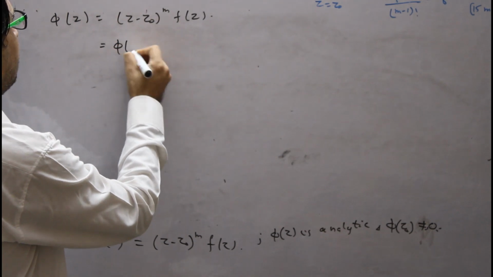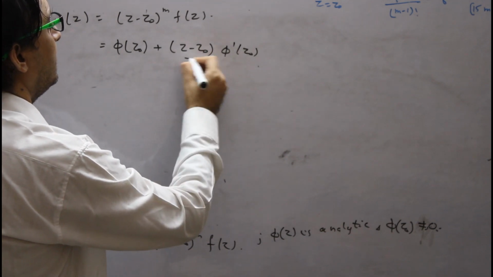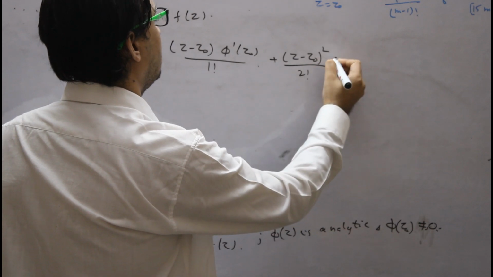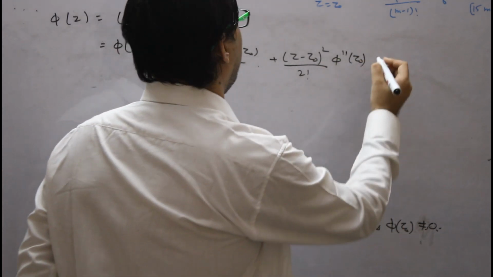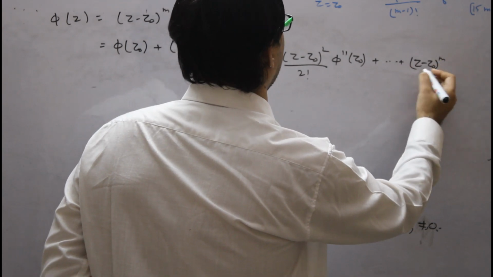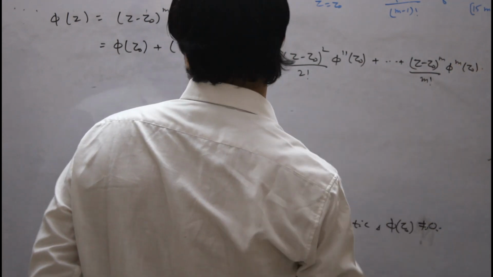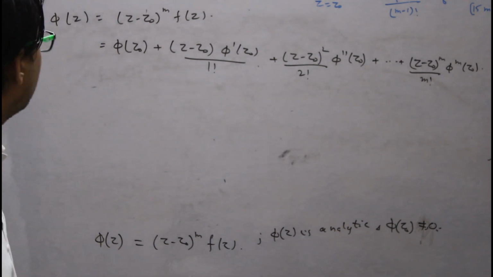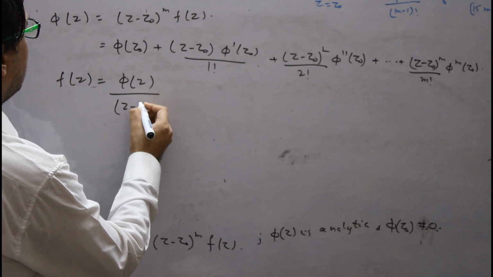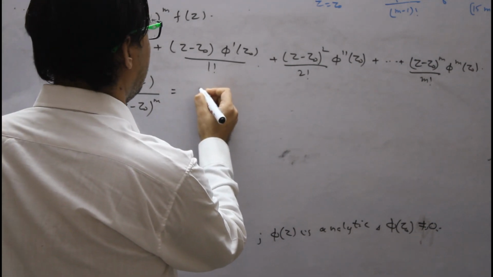So this can be written as phi(z0) + (z - z0) phi'(z0)/1! + (z - z0)^2 phi''(z0)/2! and similarly we can continue. So f(z) can be written as phi(z) divided by (z - z0)^m.